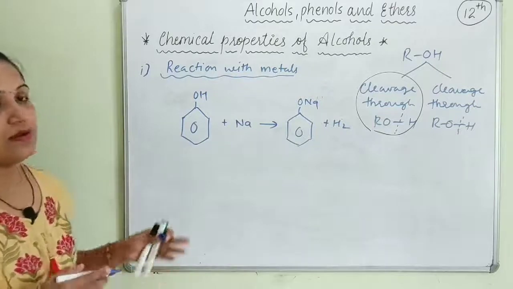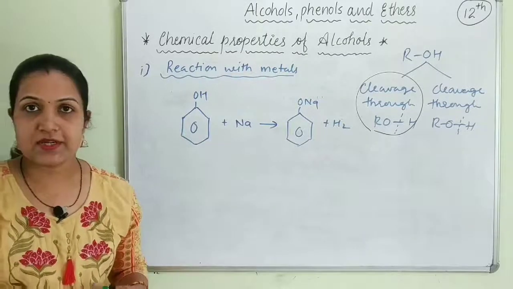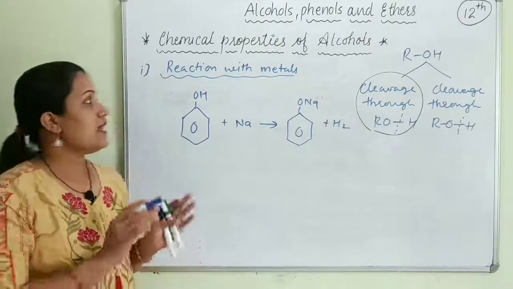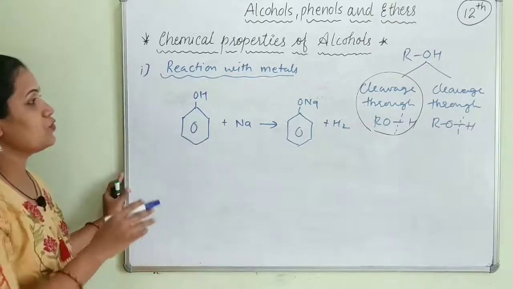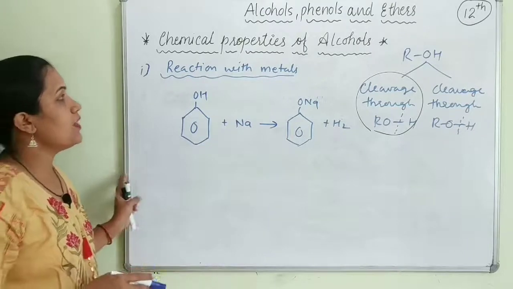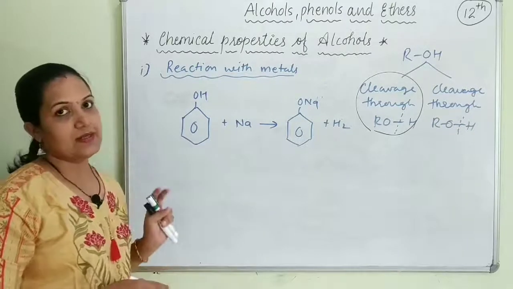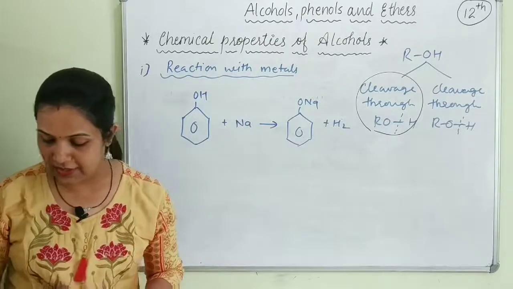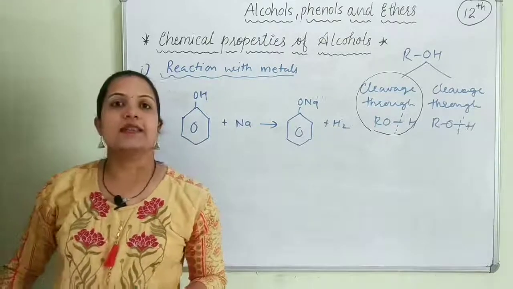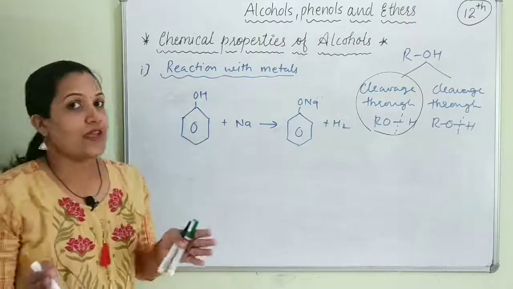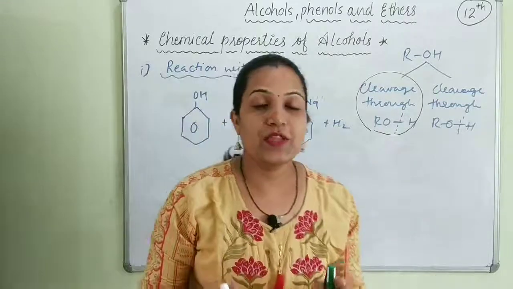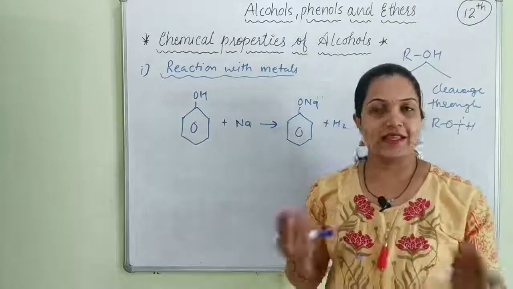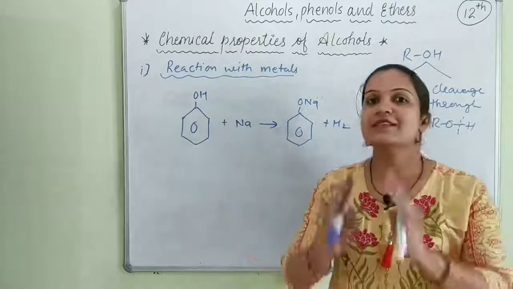So in all these examples we can see that alcohols can release H2 gas when they react with metals, and this concept we know very well. In class 10th also we studied that, chapter 2, the concept is that when acid reacts with metals it releases H2 gas, and here also we can see the same concept.